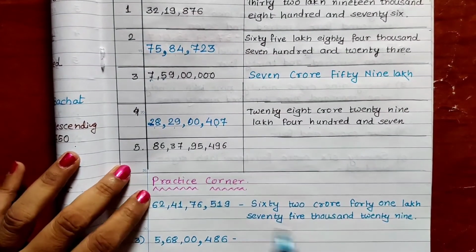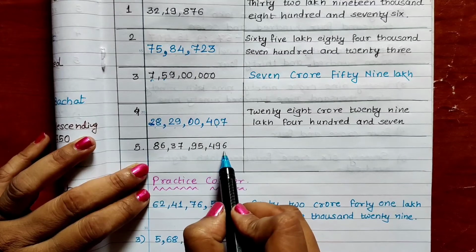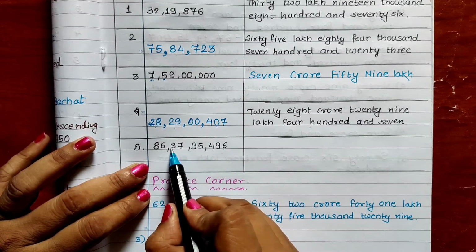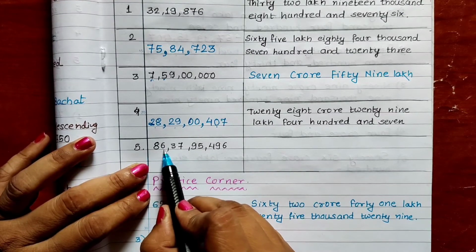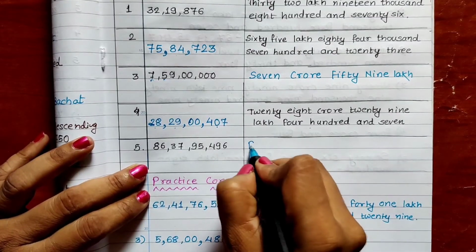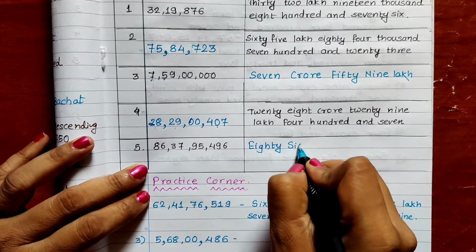Let us go to the next number. How many digits? Let us count from the unit place: unit, tens, 100, 1000, 10,000, lakh, 10 lakh and crore, 10 crore. So crore and 10 crore together we make a pair, 86, and we write 86 crore.